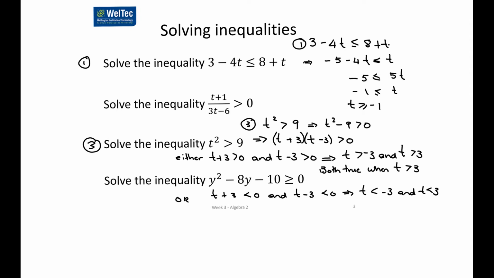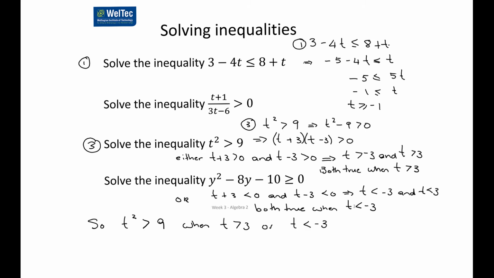So these are both true only when t is less than negative 3. So our solution then to our original problem is that t squared is greater than 9 when t is greater than 3 or when t is less than negative 3. And you should check.